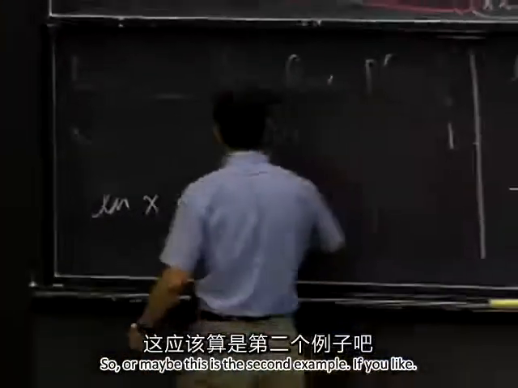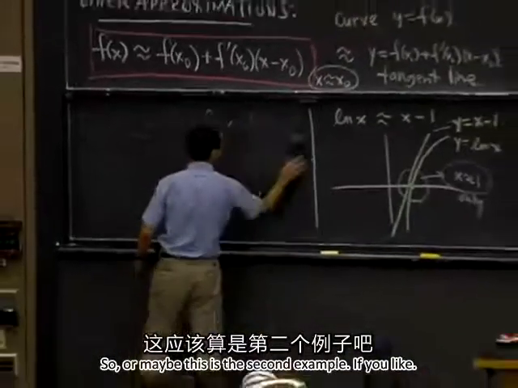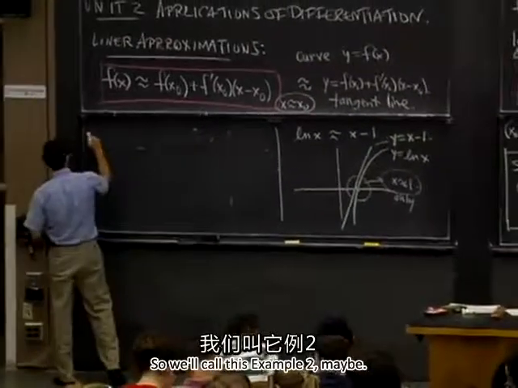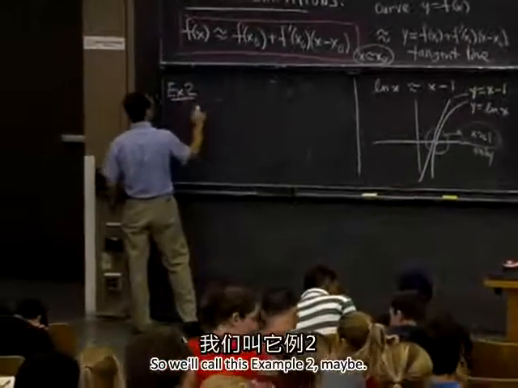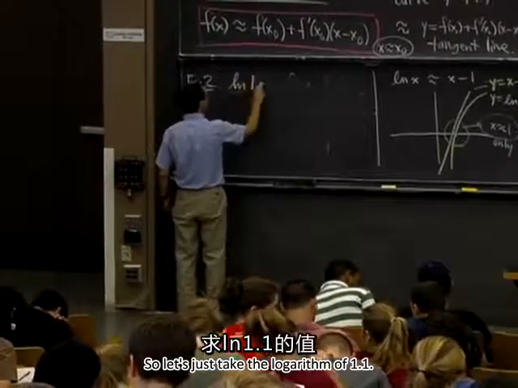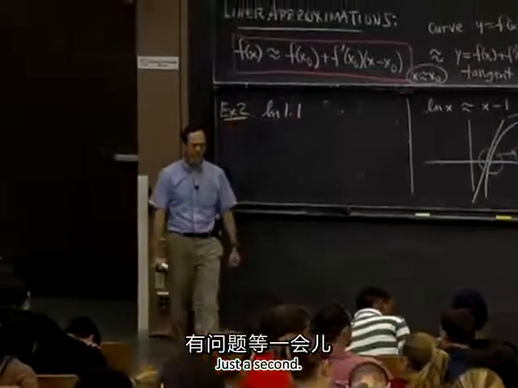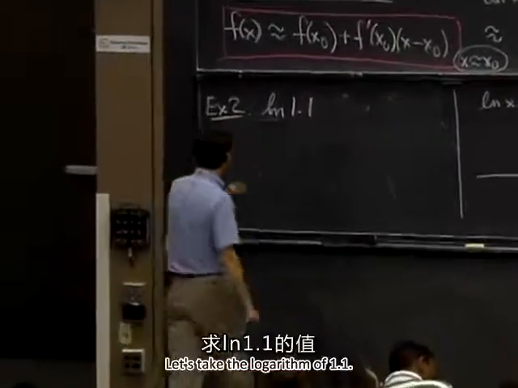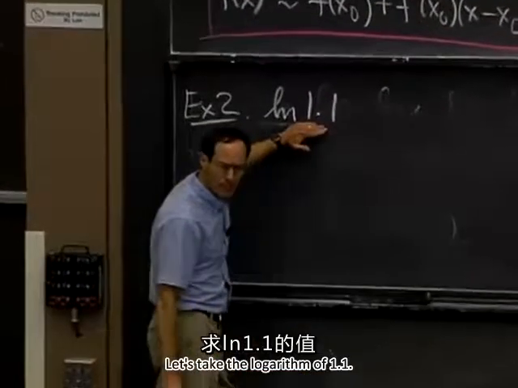Or maybe this is the second example, if you like. So we'll call this example 2 maybe, since we already have it. So let's just take the logarithm of 1.1.